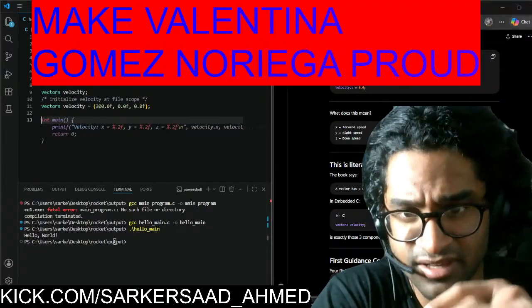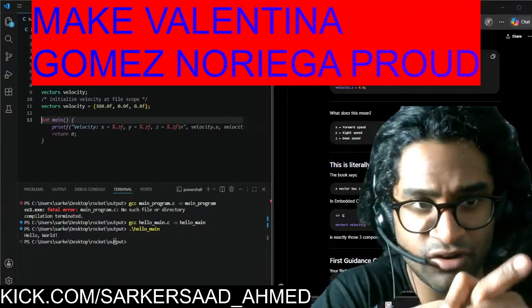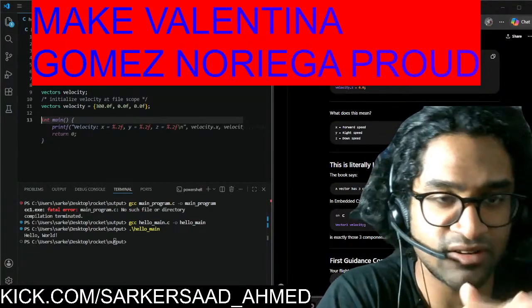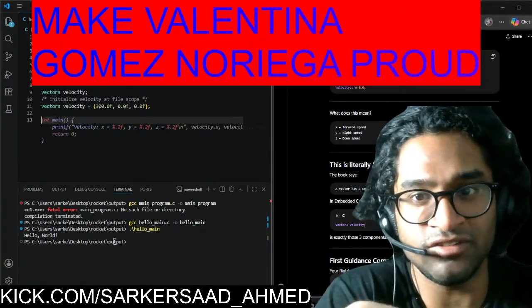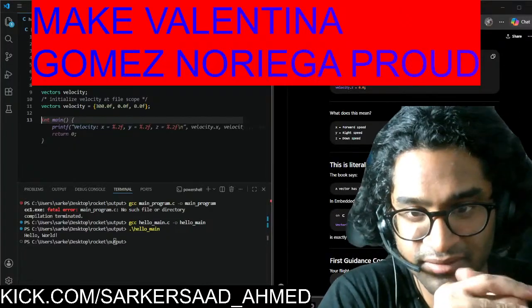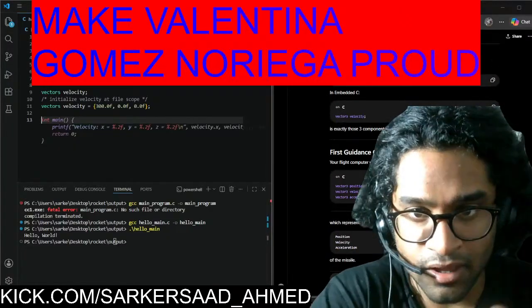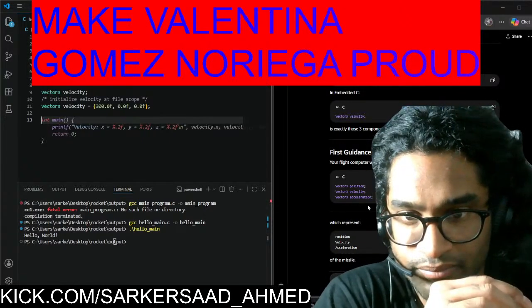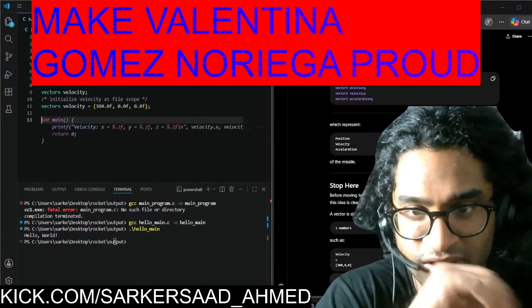In embedded C, vector 3 velocity, in my case vectors, is exactly these three components: velocity in the x-axis, the y-axis, the z-axis. So now your flight computer will eventually store position, velocity, and acceleration.